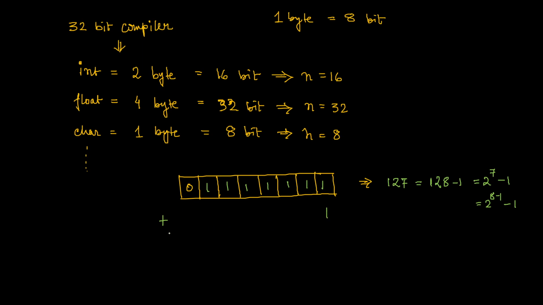So technically 127 will be added with 1. What should I get? Obviously I should get 128, right? As a decimal. Now if you do this binary addition, what will I get?